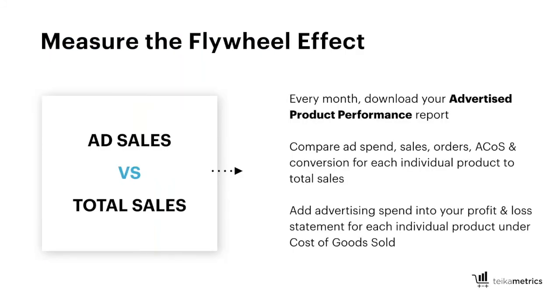So how do you really measure this flywheel effect? We've been talking about improving your advertisements to maximize your profitability, but how does that relate to your overall business as a whole? I think that is the big question that is the hardest to answer. So with ACOS, I mentioned, it's pretty much like looking in a vacuum.